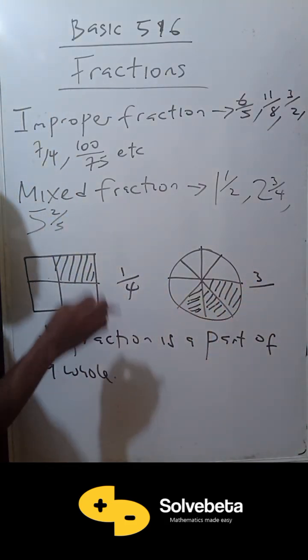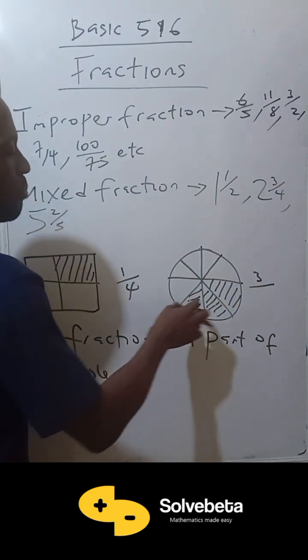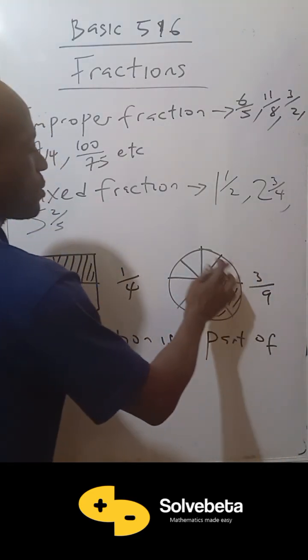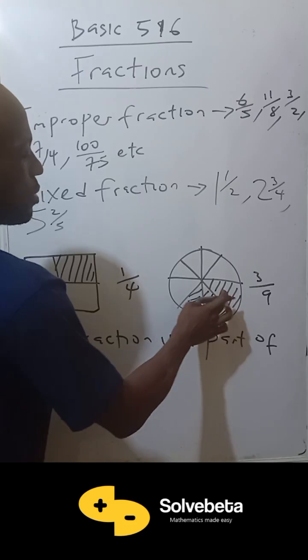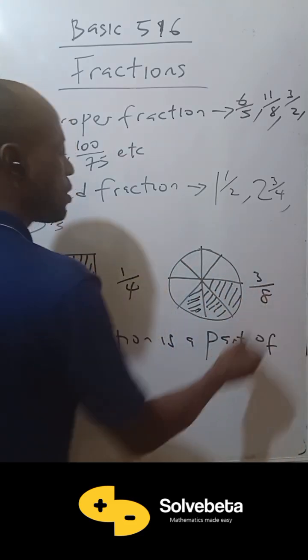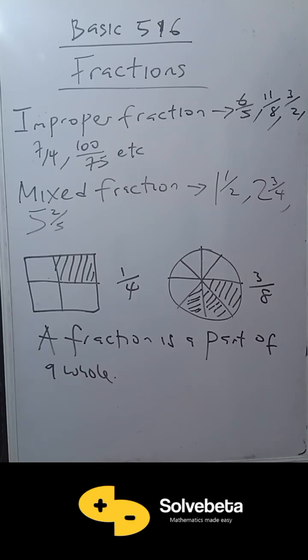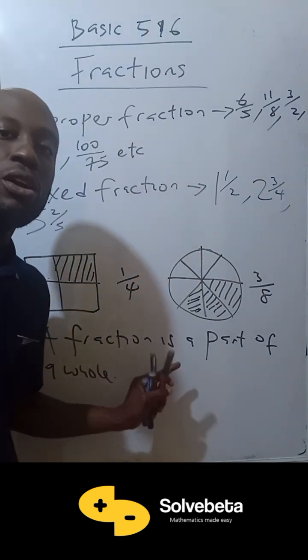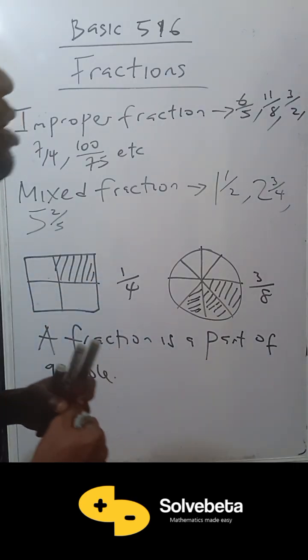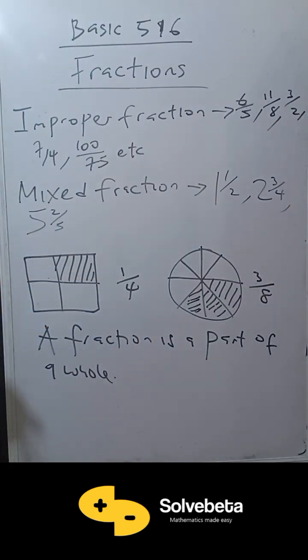That's the part that is shaded, over the whole part, 1, 2, 3, 4, 5, 6, 7, 8. So it's 3 over 8. So that is the fraction. 3 over what? 8. So this is the picture of a fraction. A fraction is a part of a whole. Very, very important.